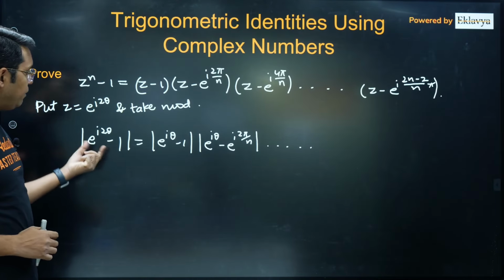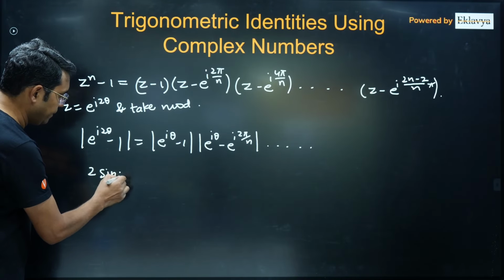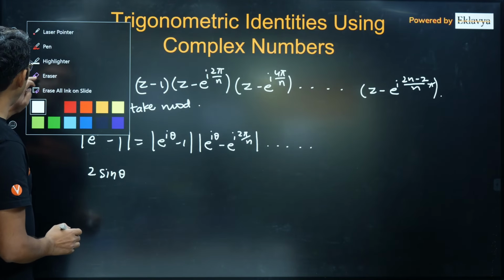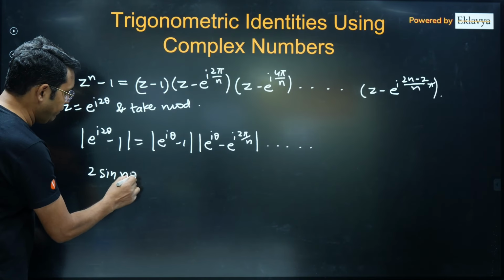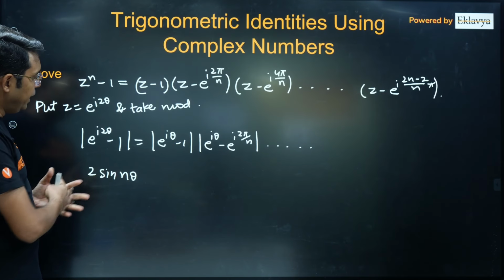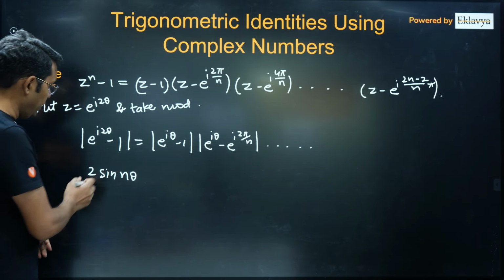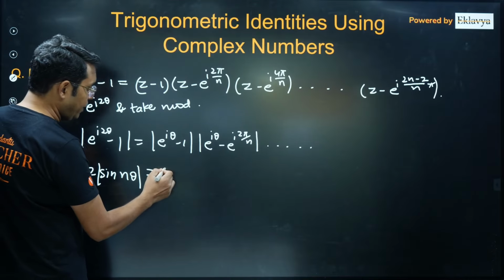This e power iota n theta minus 1 will be 2 sine n theta. I have told you already. If you are having any confusion, just write this as cos plus iota sine. You will get 2 sine n theta as the mod. In fact, you can put mod on sine also here.